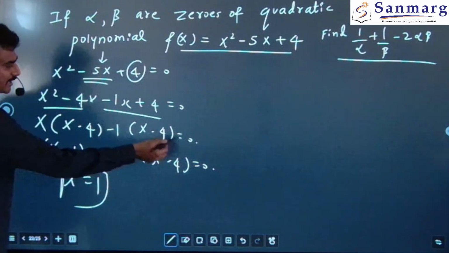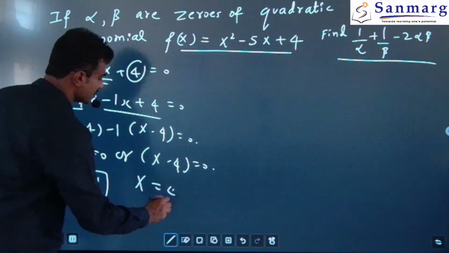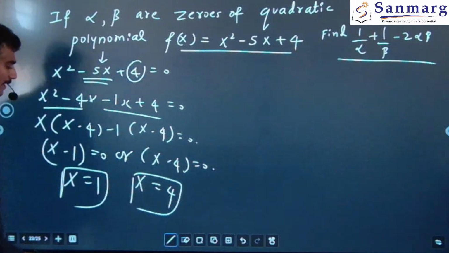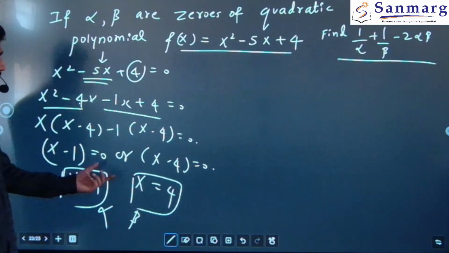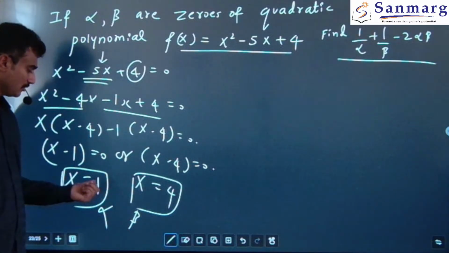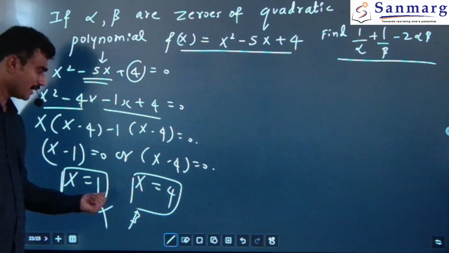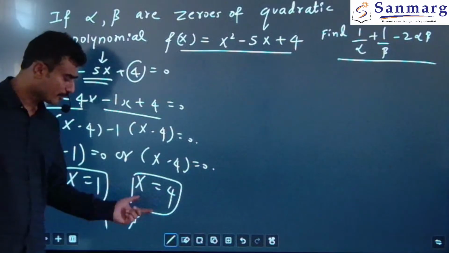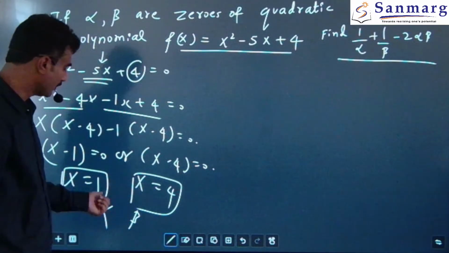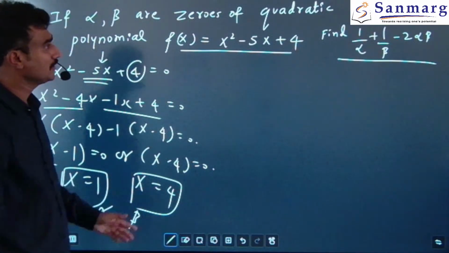And if we take x minus 4 as 0, we can write it as x equal to 4. So the value of alpha is 1, the value of beta is 4. So we have found out two zeros. The value of two zeros is 1 and 4. So the first zero I will call alpha and the second zero I will call beta.